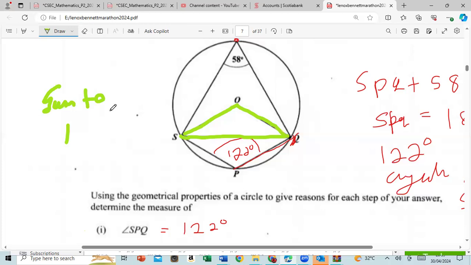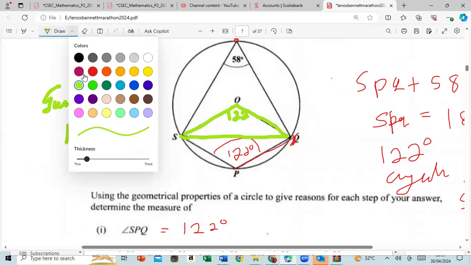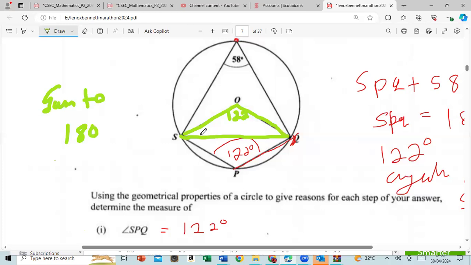So if we figure out this angle to be 122, the next thing we have to ask ourselves is, what type of triangle is this? You just subtract it from 180 and divide by 2. The reason why you divide by 2 is because there's angle Q and angle S, the two angles. You divide because these two sides are equal, since they come from the radii. Because they're coming from the radius, it's an isosceles triangle.